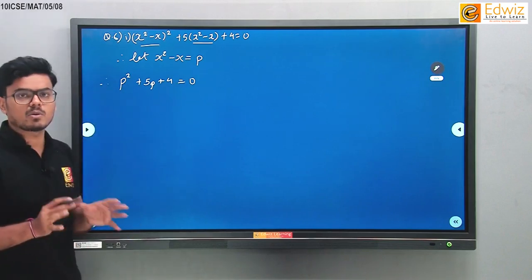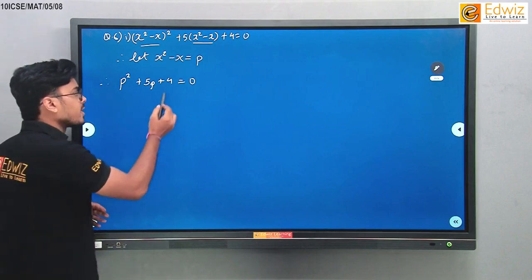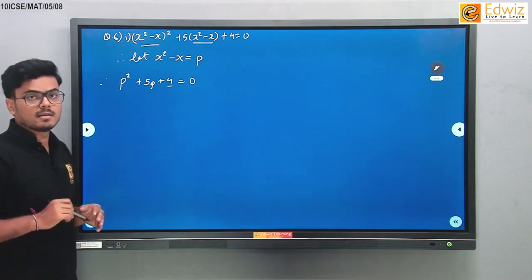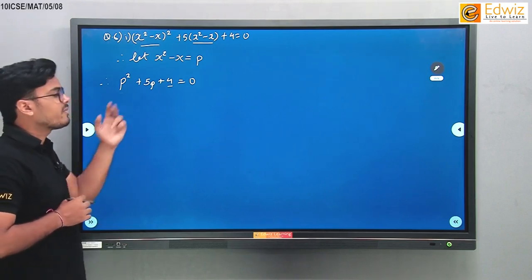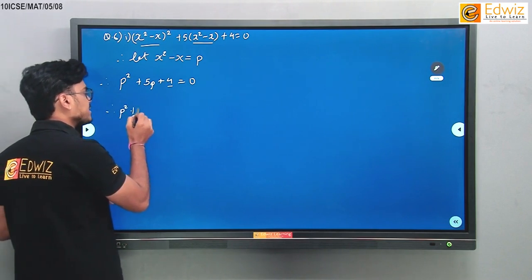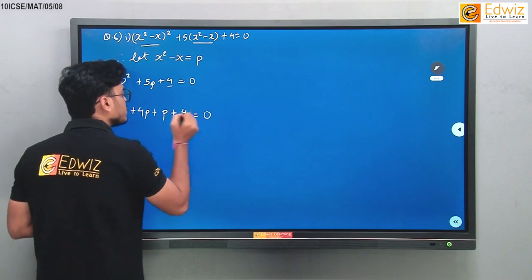Now it is a very simple quadratic equation. We can easily solve this also by the factorization method. You can see the last term is 4. We need factors of 4 such that the sum of the factors should be 5. So 4 ones are 4. Simple. This will be p square plus 4p plus 1p plus 4 equal to 0.